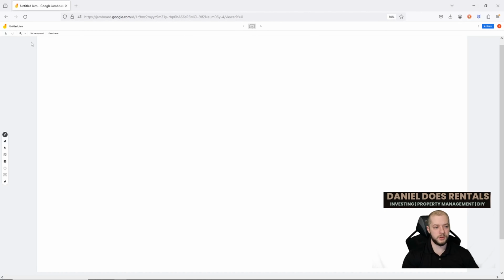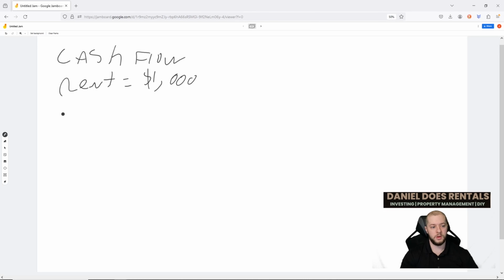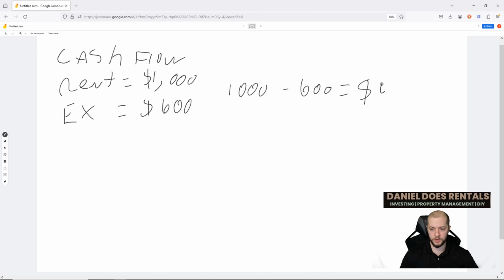Okay, so first, let's figure out our cash flow. Let's say our rent is $1,000 and our expenses are $600. So we're going to take our rent minus our expenses, and that leaves us with $400 in cash flow per month.